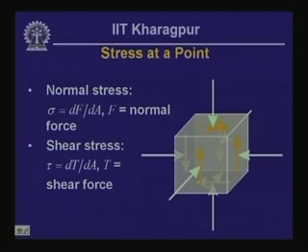Here we are considering the vertical plane that is facing us, as well as the horizontal planes near the top and the bottom of the element. So, all these 4 shear stresses are again going to be of equal magnitude, although the magnitudes of these shear stresses could be different from the previous 4 shear stresses that we considered.